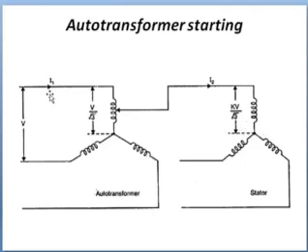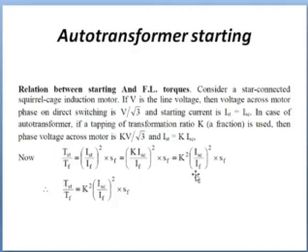But on the primary side, the current will reduce by k square times, because applying the transformer ratio, we know the transformer primary current into N1 equals secondary current into N2. So the starting current will be k square times the DOL starting current. From the derivation we can also see that the torque depends on the rotor circuit current.